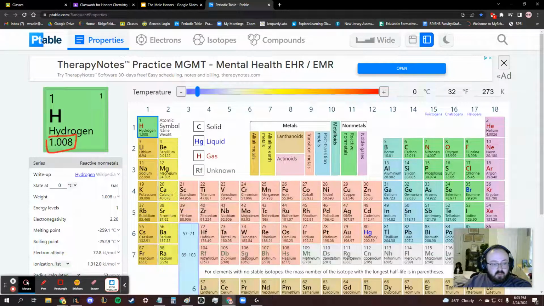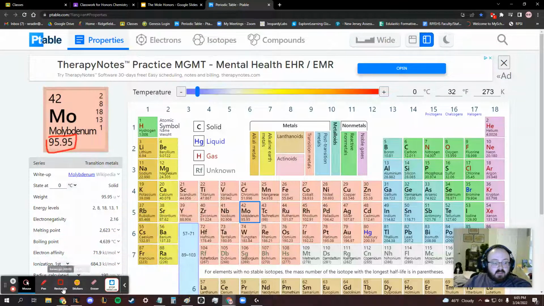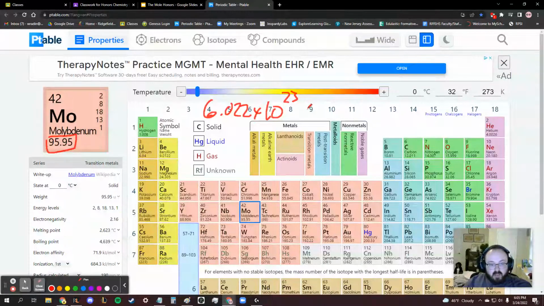But if we did some other examples, let's take molybdenum. If you had 6.022 times 10 to the 23rd atoms of molybdenum, it would weigh 95.95 grams. And this puts things into a kind of tangible amount.